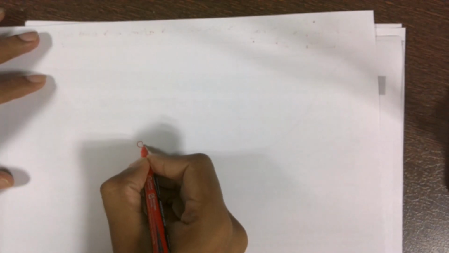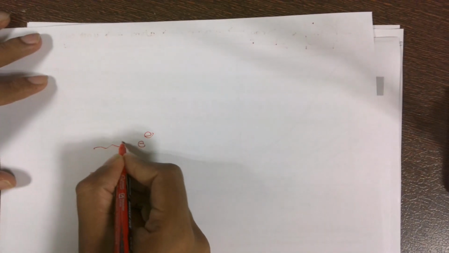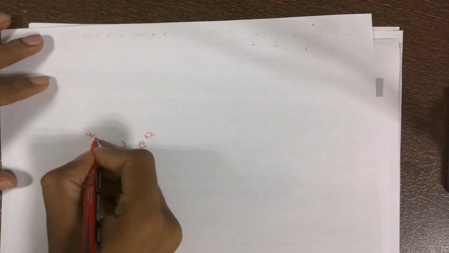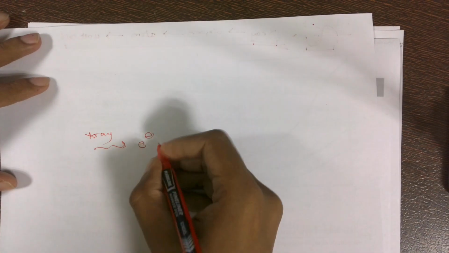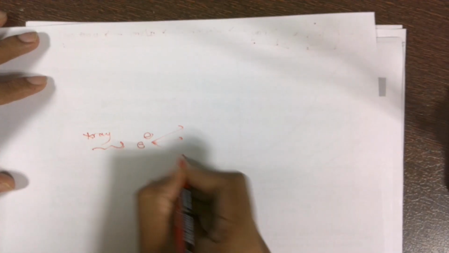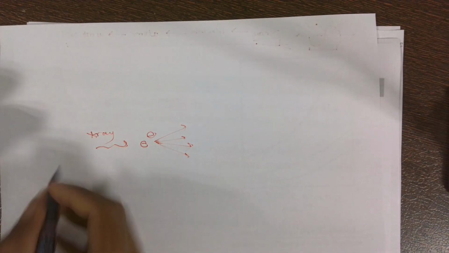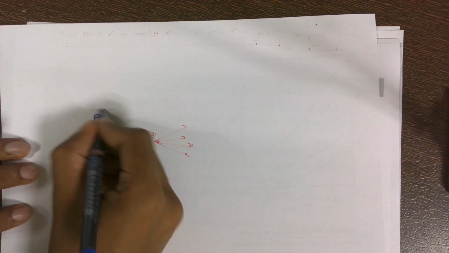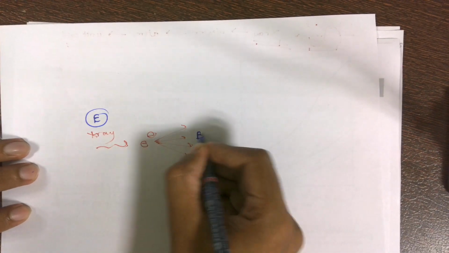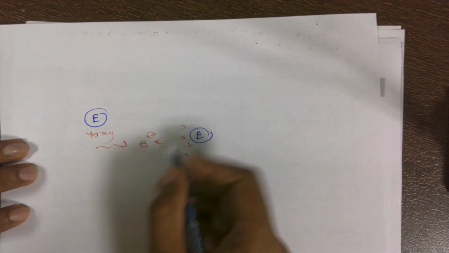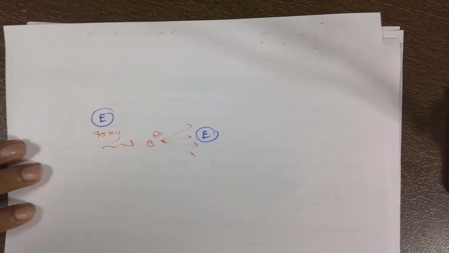So we have the electron, we pass an X-ray to it, and now it is going to radiate. Whatever was the energy of the X-ray, the radiated X-ray from the electron will have the same energy.